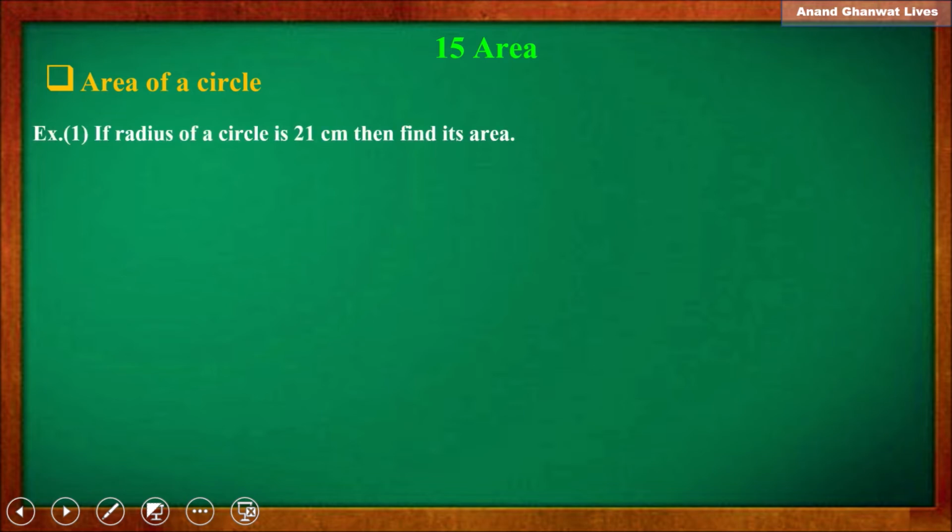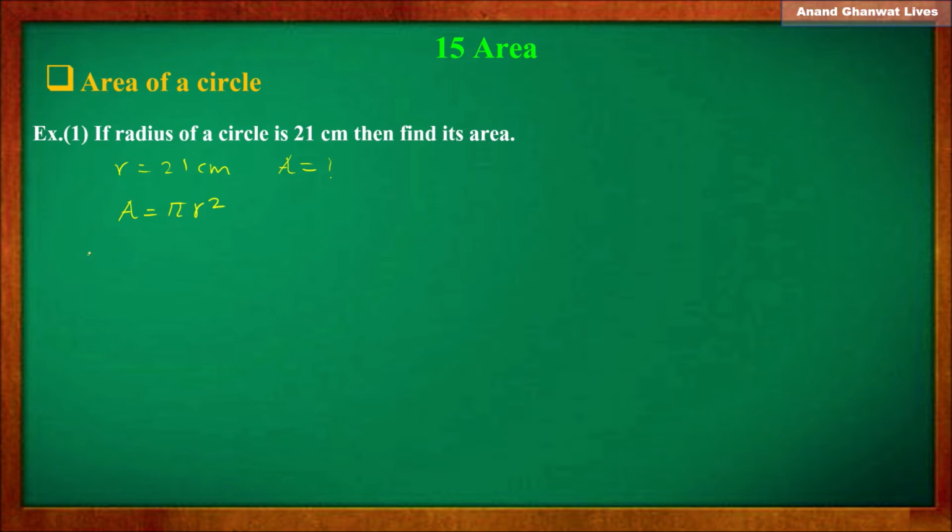If the radius of a circle is 21 centimeter, then find its area. Now we have given here r is equal to 21 centimeter and we have to find A, means area of a circle. Do you know the formula for area of a circle? Yes, A is equal to pi r square.